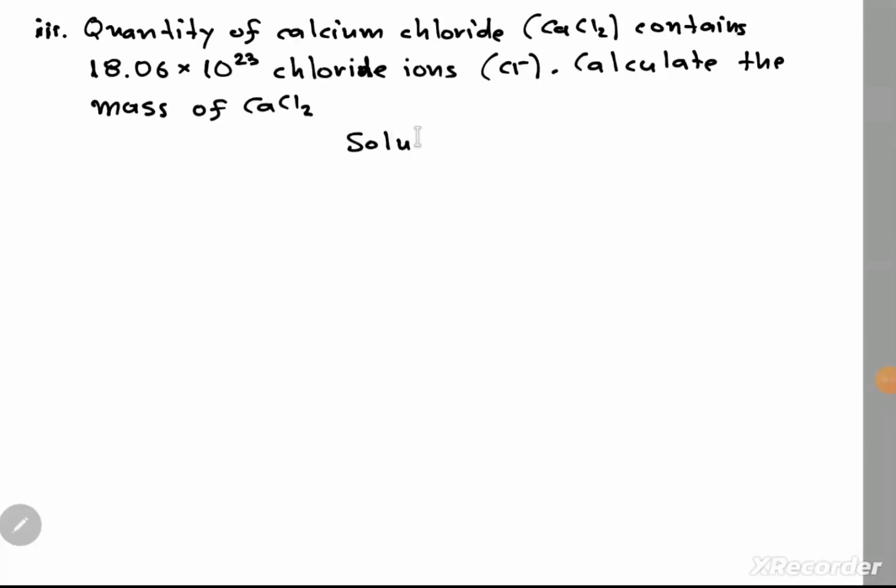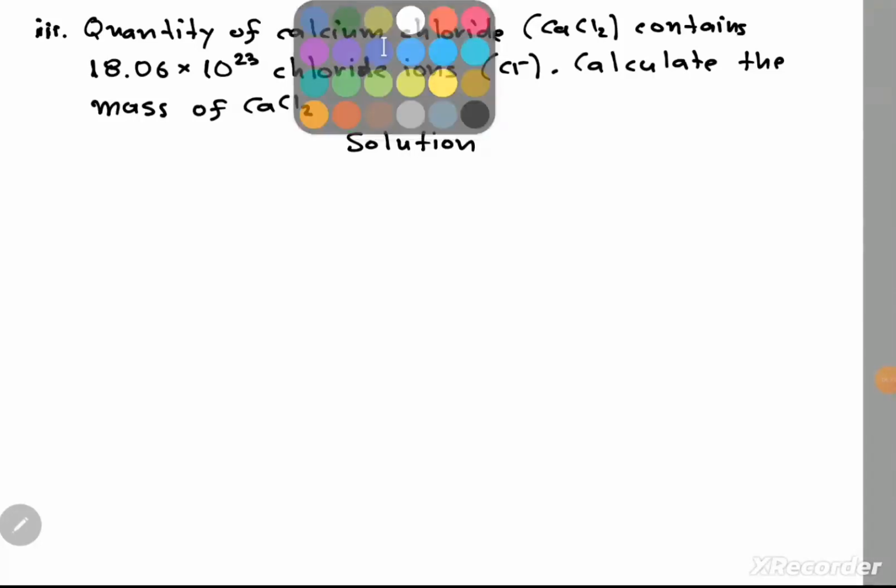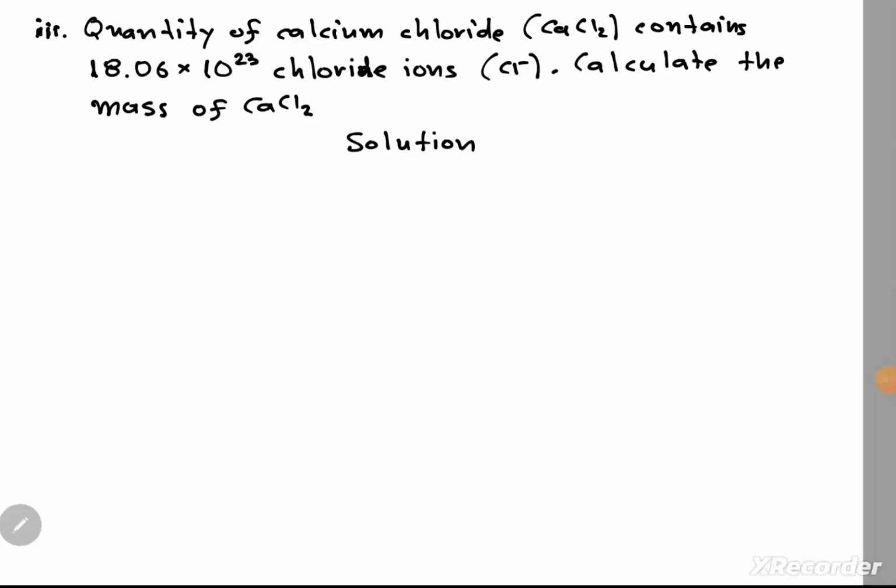Solution. We are interested in the mass of the chemical compound, so we first need MR. For calcium chloride, MR is equal to 1 times AR of calcium plus 2 times AR of chlorine.